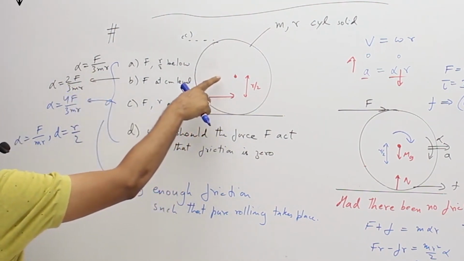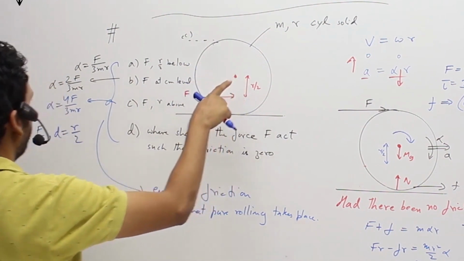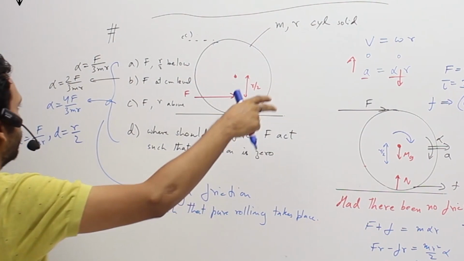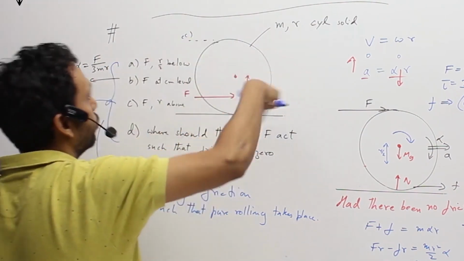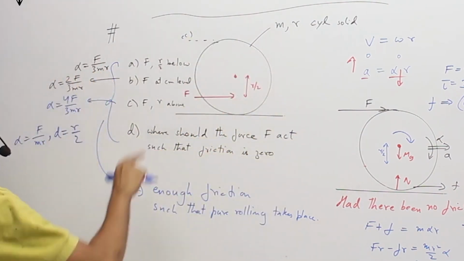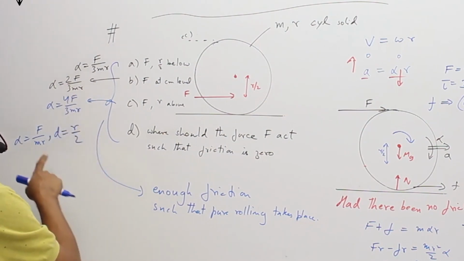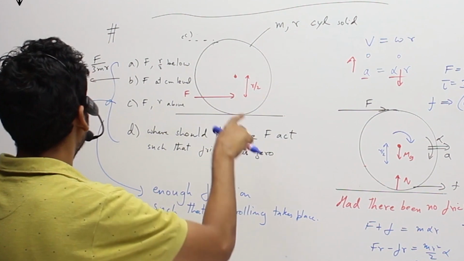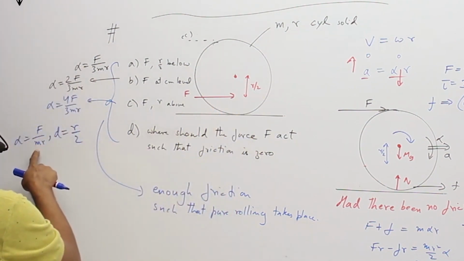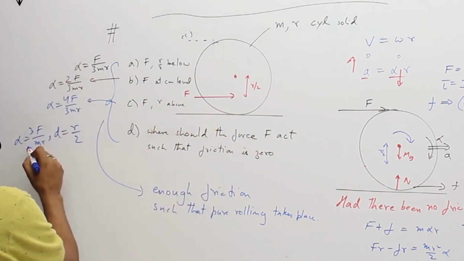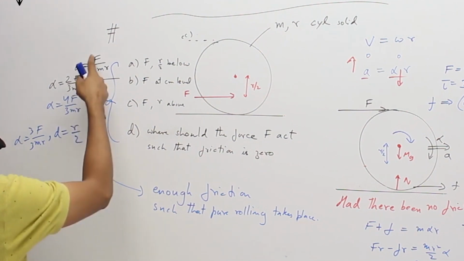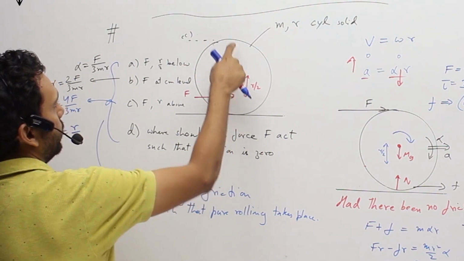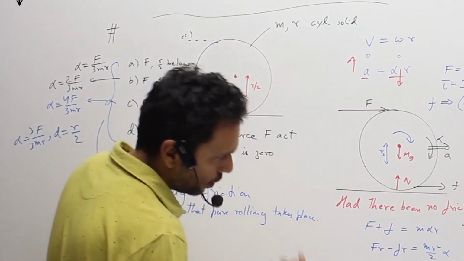When it was acting over here, it was much greater, so greater than the first case, it was rolling more easily forward. If it was right on the top, then too much of alpha. So that was 4F by 3mr. If it is at the exact point, it is F by mr, so it is 3F by 3mr. So you say 1 by 3, then 2 by 3, then 3 by 3. When it is here, it is 3 by 3, and when it was on top, it was 4 by 3.